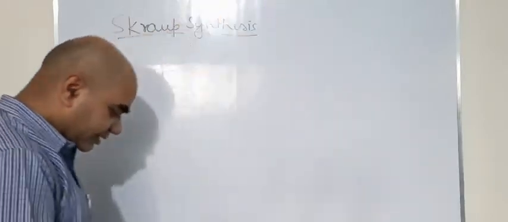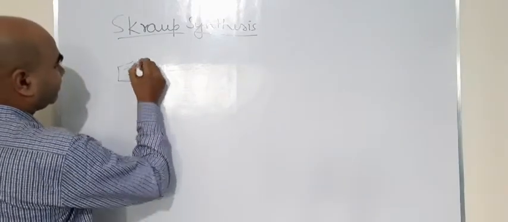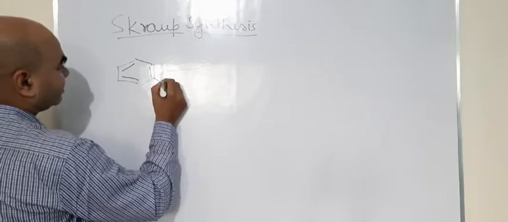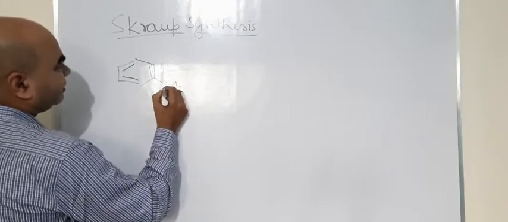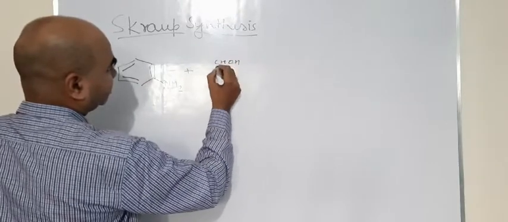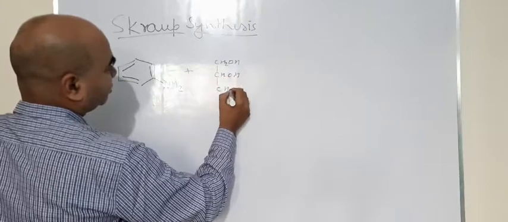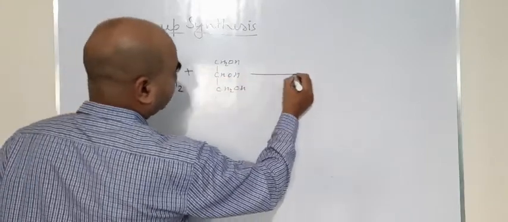So the reaction on paper is: aniline plus CH2OH, CHOH, CH2OH, this is glycerol.